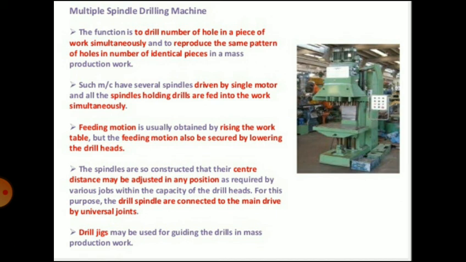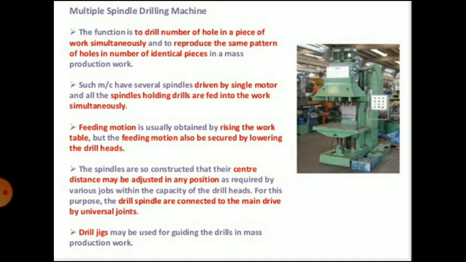Then the multi spindle drilling machine. The multiple spindles are placed side by side on a common spindle head. So there is a common spindle head on which different spindles are arranged, on a common base and common work table. The speed of the spindles can be controlled independently, but feed is the same for all spindles.